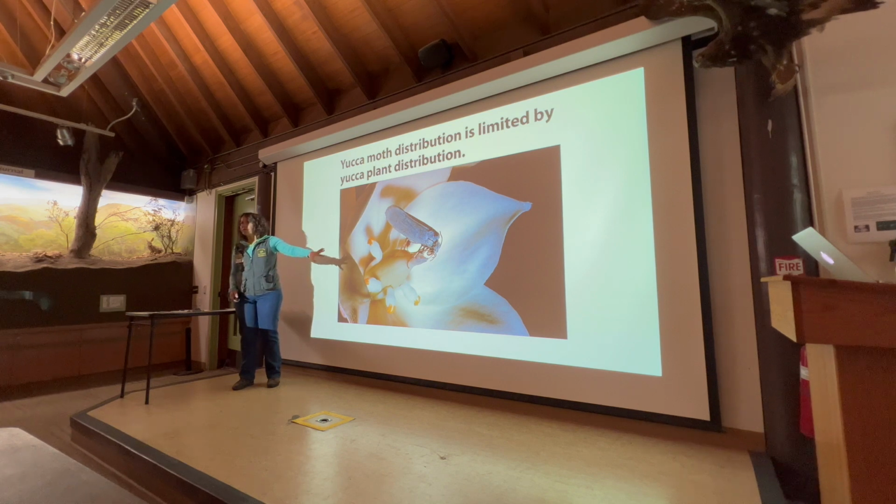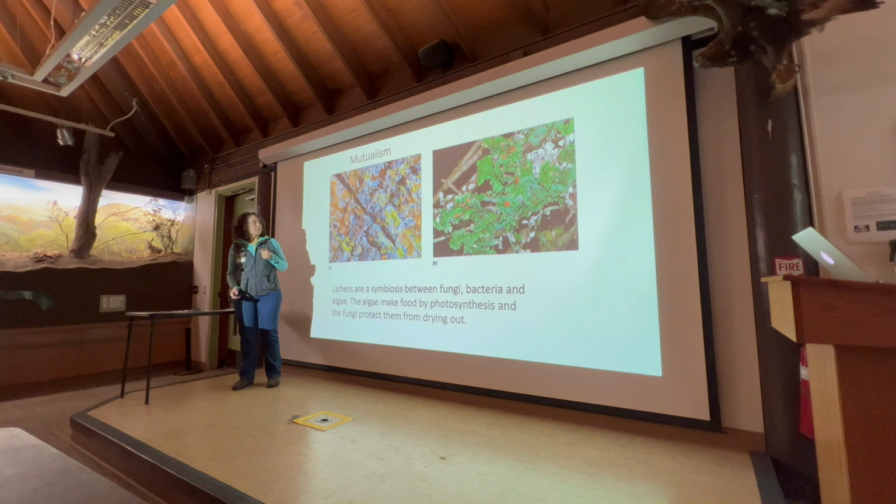And the yucca flowers benefit from the pollination. And it's a very close association where the yucca plants do need a pollinator, and this is the best pollinator. And the yucca moths need yucca plants. So that's another mutualism. Here's another mutualism. My point is that mutualisms are more common, but parasitism is also pretty common.